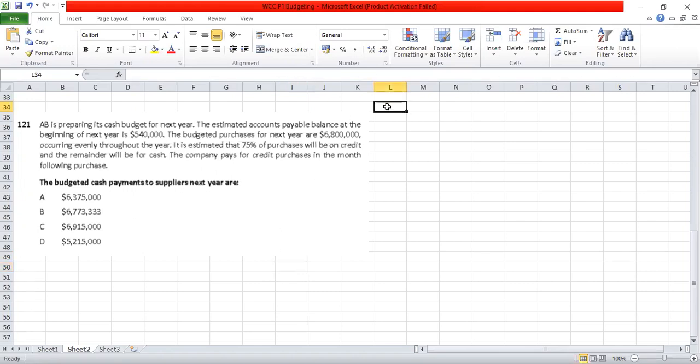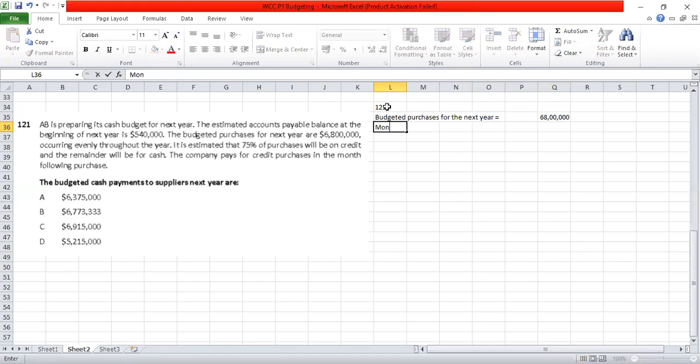Quickly just present it the way we have done question number 121. This time it is about the accounts payable. So the amount of accounts payable will be paid in the next year. The budgeted purchases for the next year are $6,800,000.